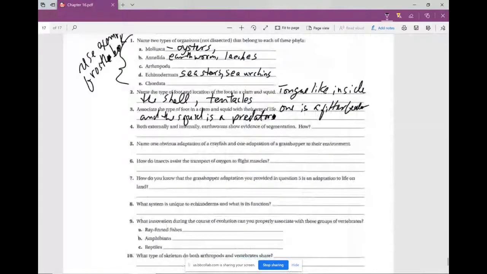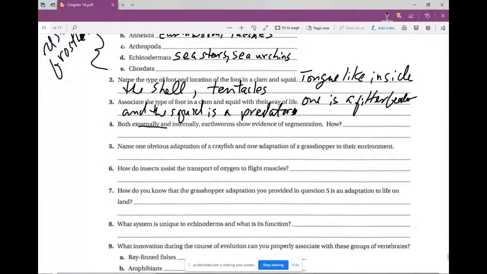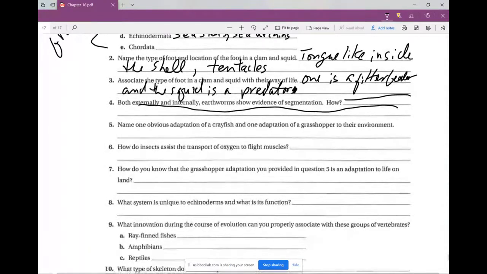I think it's too much for you guys since we didn't discuss it, so let's eliminate it. Basically, they have little septa, or little walls, that separate the segments on the inside. On the outside, you can clearly see the segmentation because of the little constrictions between each segment. If I were to show you a picture of an earthworm, you'd be able to see it.